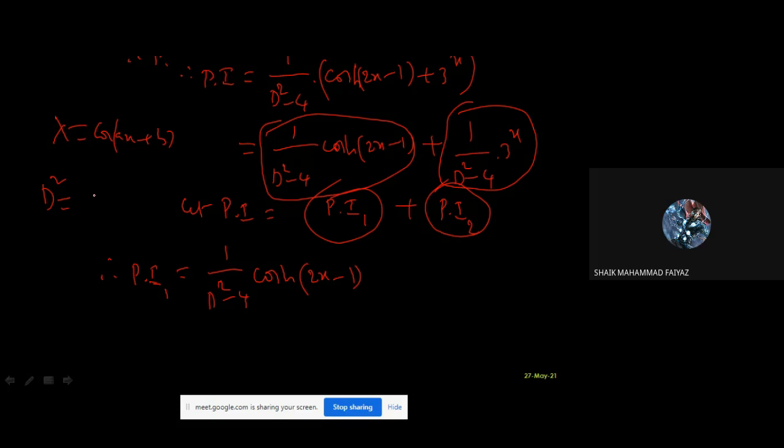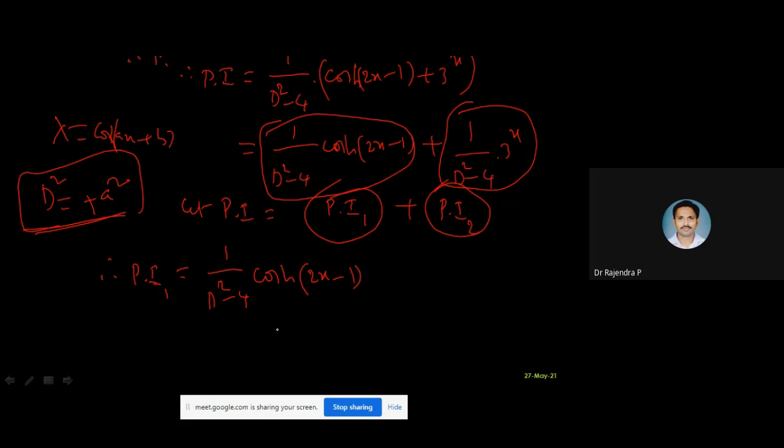Minus a square, very good. For hyperbolic functions, if it is cos hx, no need to consider the sign, just a square. For hyperbolic functions only. Are you able to remember this?